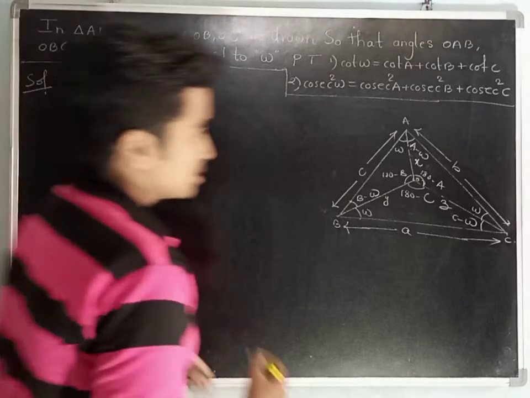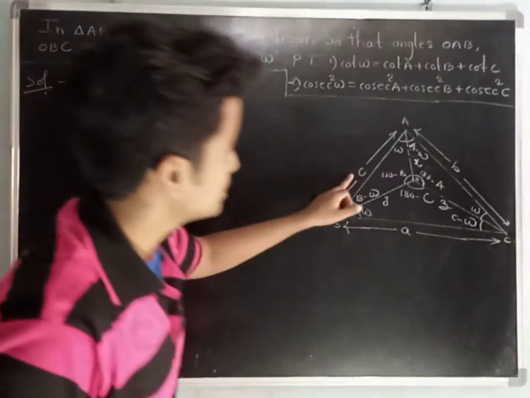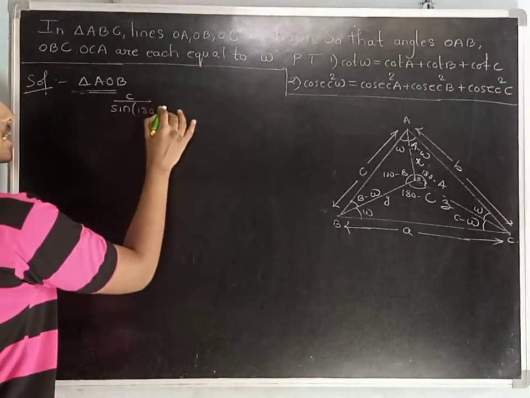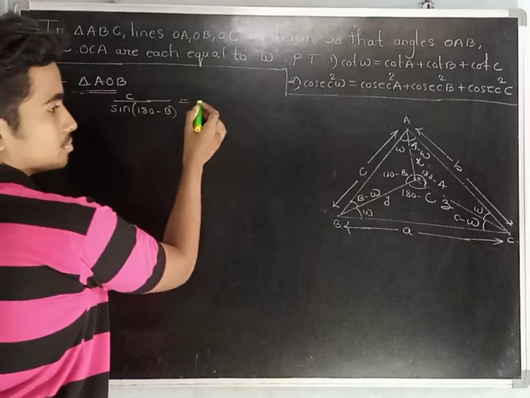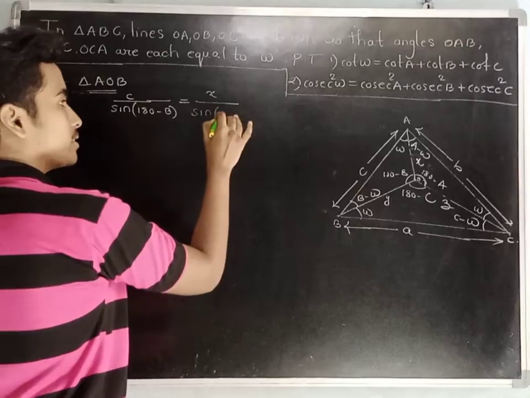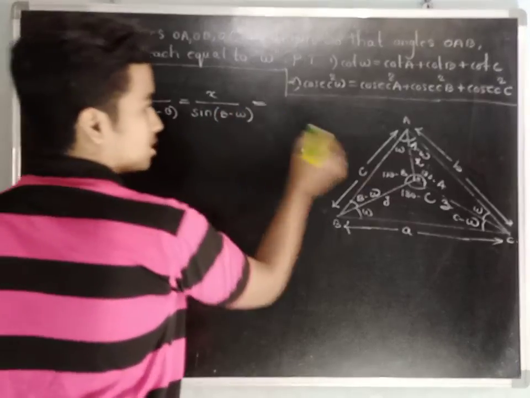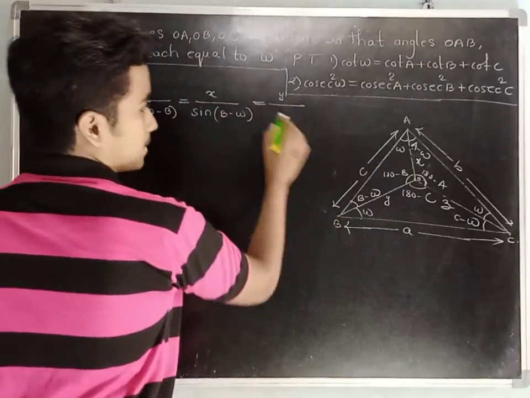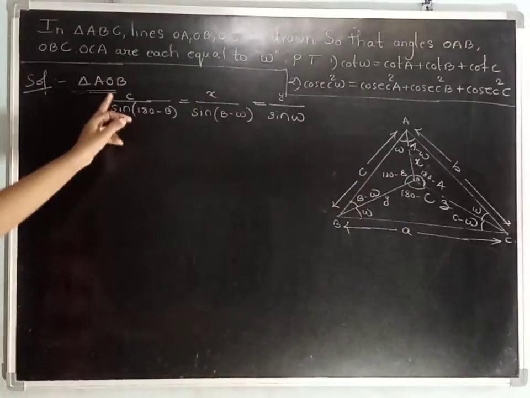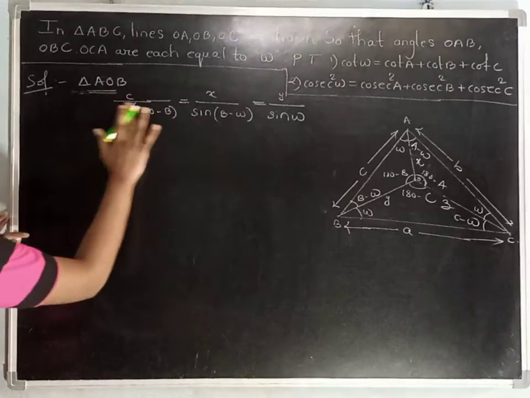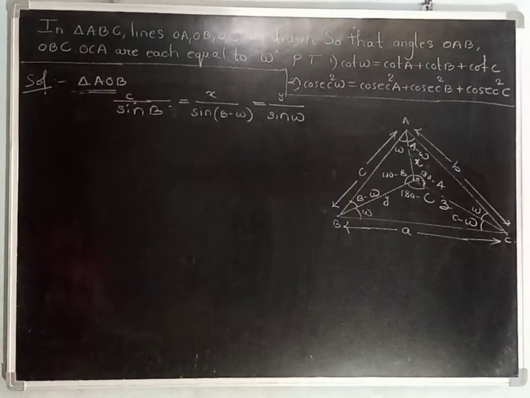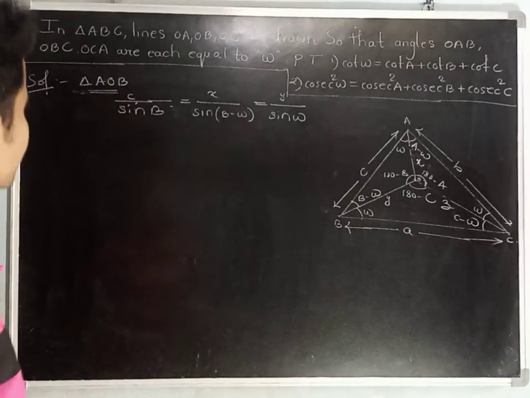In this triangle, let me use the sine rule. c by sine 180 minus B is equal to x by sine B minus omega is equal to y by sine omega. Okay. c by sine 180 minus B. 180 minus B is nothing but sine B. Right?